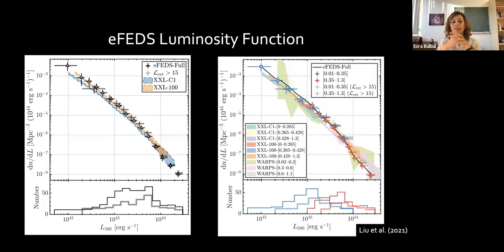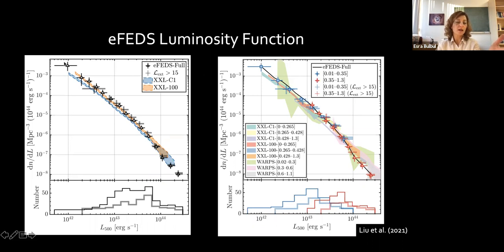One other thing we looked at with the sample was their luminosity distribution. This is what's called the luminosity function: within a given redshift slice, how many clusters we detect within that luminosity band. That luminosity function is a good probe of cosmology, although we didn't do cosmology with it. We just compared with the previous X-ray surveys to test our reliability and how we perform.